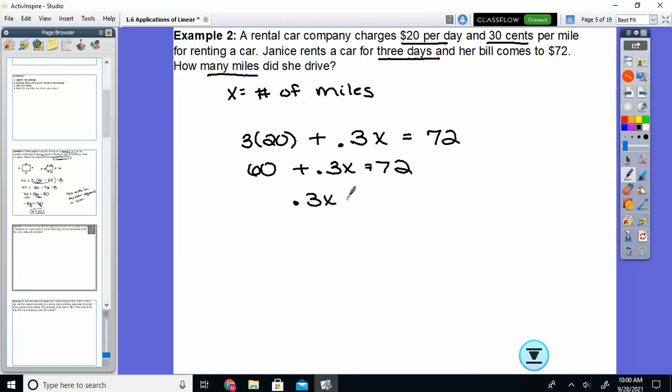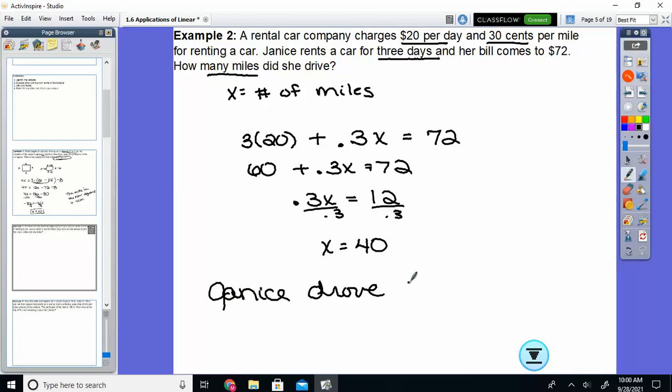So if we subtract our 60, divide by 0.3, and x is 40. Alright, so the sentence: we asked how many miles did she drive, so Janice drove.